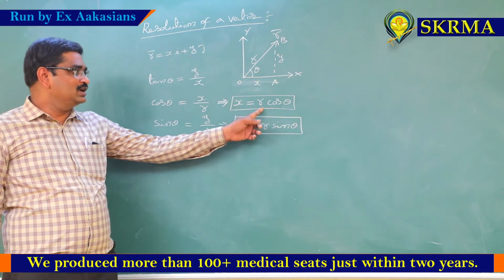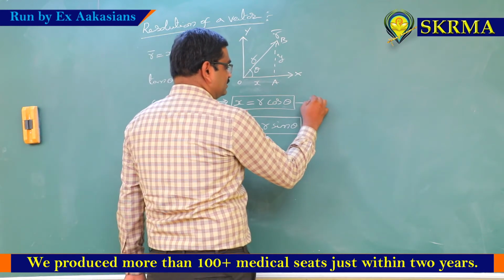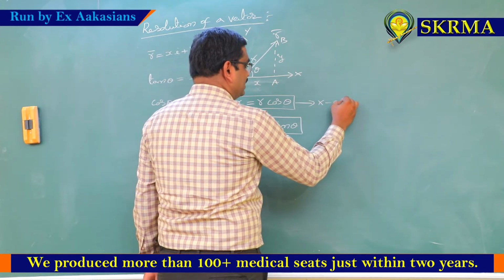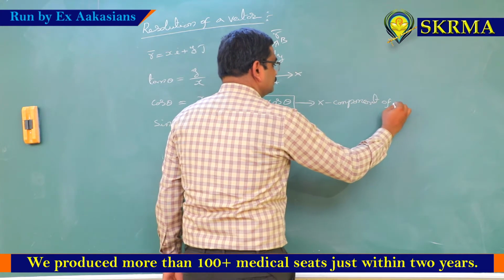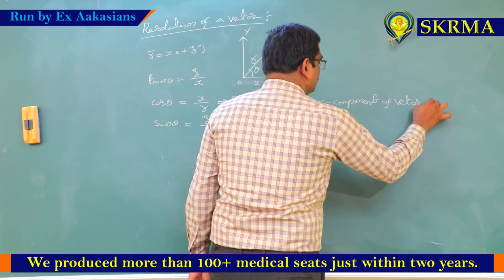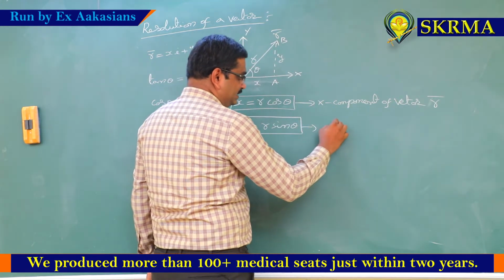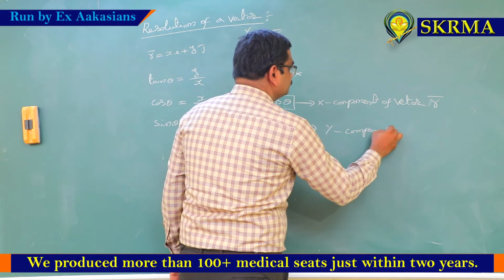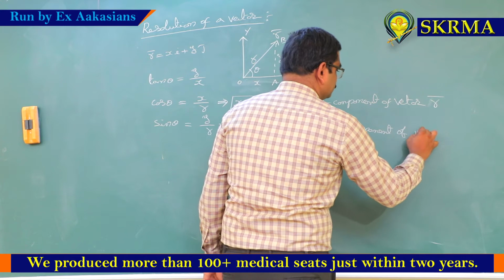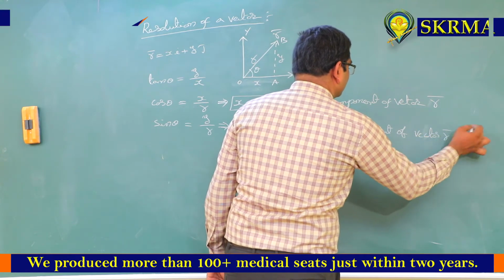This x equals r cos theta is called the x component of the vector r bar. This is called the y component of vector r bar.